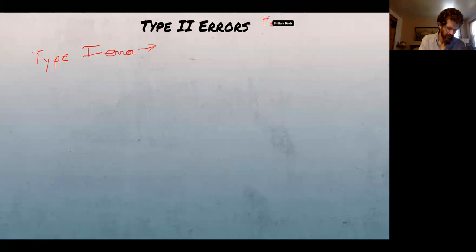I'll go ahead and provide the hypotheses for you. The null hypothesis is that the chemical doesn't cause cancer. The alternative is that the chemical does. Of course, we wouldn't phrase it like this.